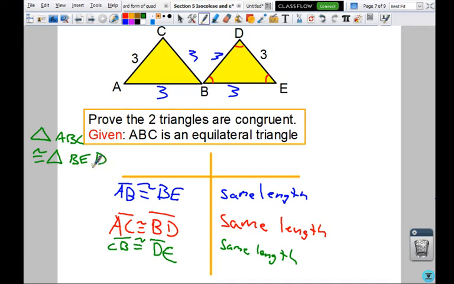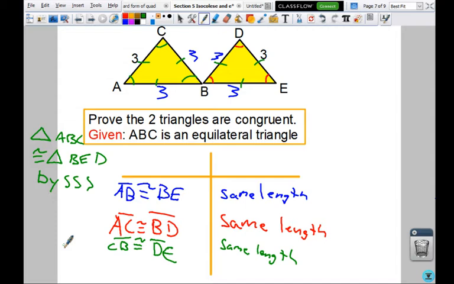So this left triangle is equilateral, right? Which means it's also equiangular. And then we got all the sides the same. So equilateral triangles are kind of special because you can actually use whatever method you want. So we did side, side, side. So that's my final part here. ABC is congruent to BED by side, side, side. But I could have gone side, angle, side.